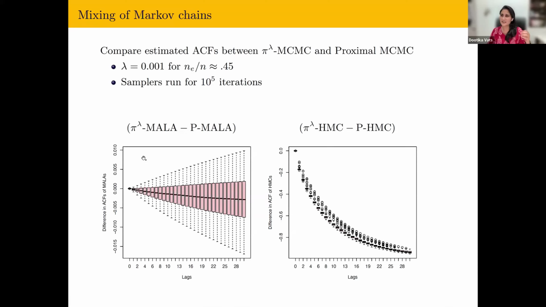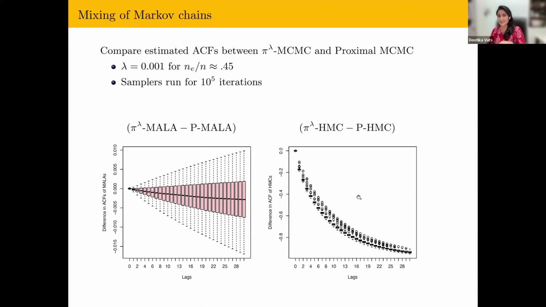The pi lambda MALA is almost just marginally better than P-MALA of Pereira's work that uses proximal MALA. But actually in HMC, we find that the HMC that targets pi lambda is far more effective, and I see massive negative differences in ACF. Negative differences means that the ACF by pi lambda HMC is smaller than the ACF by P-HMC.